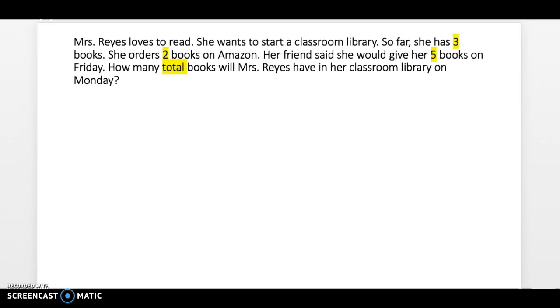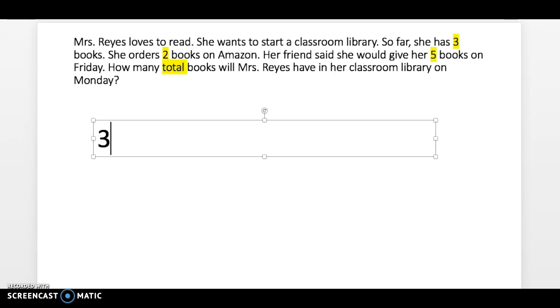Well, we can start by putting our numbers in a text box. We are going to put the number 3 and 2 and 5. Now, I put them in order as how I read them. That is important when we are writing numerical expressions. We want our numbers to be in order.